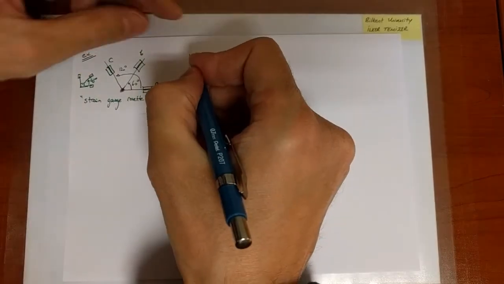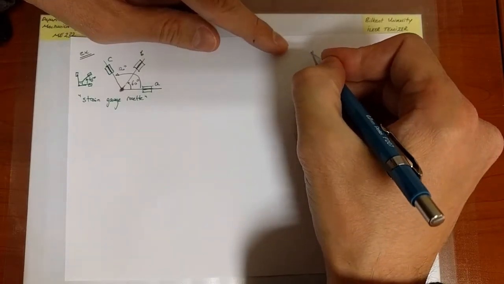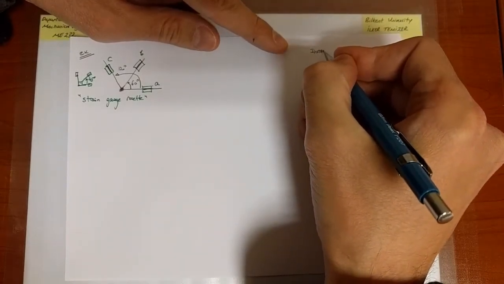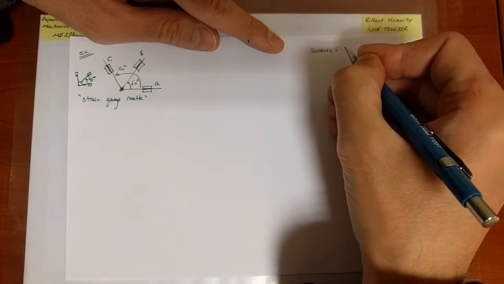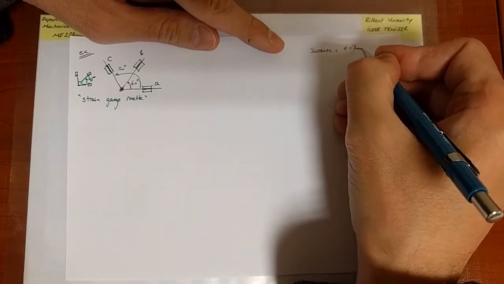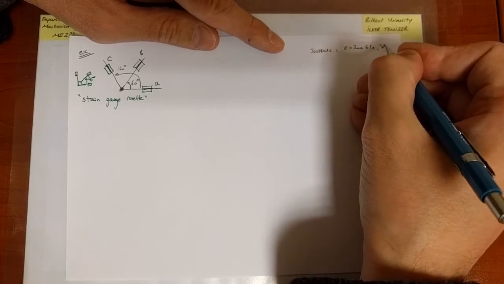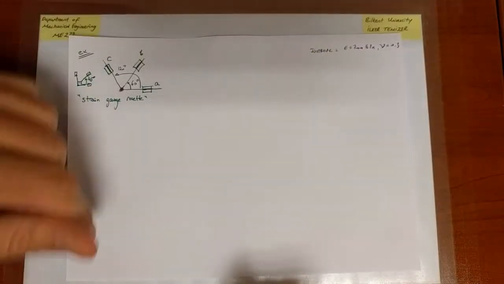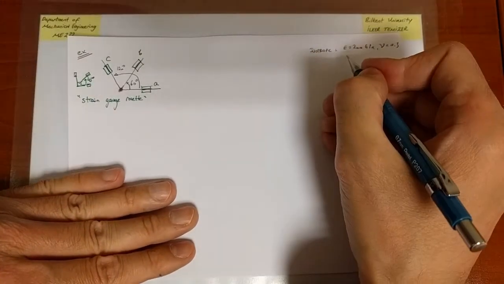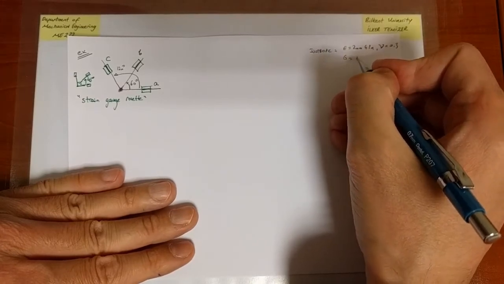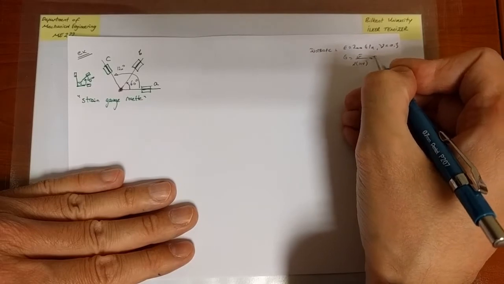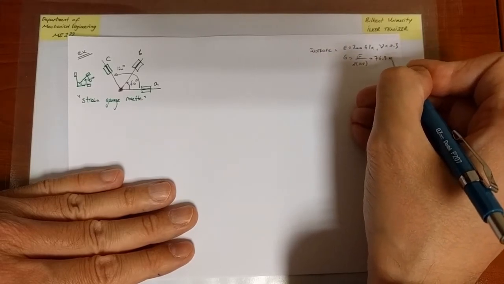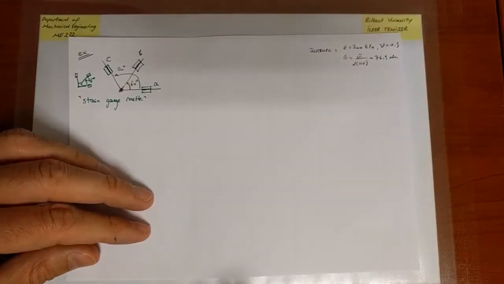I know, for instance, that this material is isotropic, and the linear elasticity constants are 200 GPa and 0.3. Okay, so it's steel. Eventually, if I need the shear modulus, I always keep in mind it doesn't have to be separately provided. I can calculate it as such, and that's going to be about 76.9 GPa in this case.